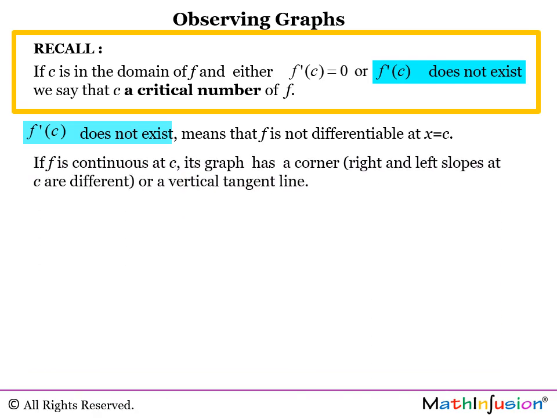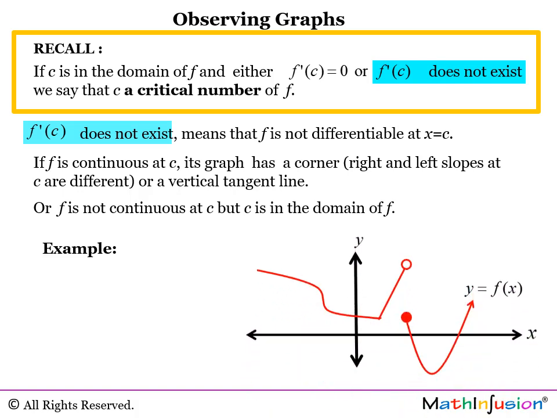And I want to recall, there are two kinds of non-differentiable functions. If f is continuous at x equals c, it must be a corner, which means that the right and the left slopes at c are different, or a vertical tangent line at x equals c. And also, if the function is not continuous at c, but c is in the domain of f, then also the function is not differentiable at x equals c.